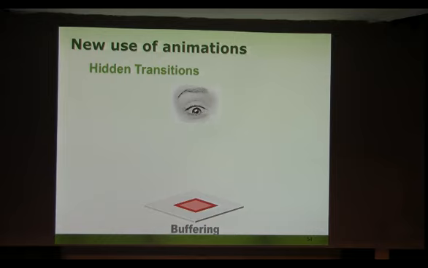As for the existing work, there has been something. Basically, the idea is to buffer everything that changes as soon as the user doesn't look anymore at the window, I mean, if the window is hidden.